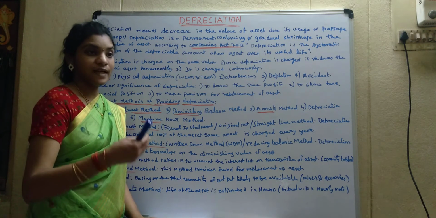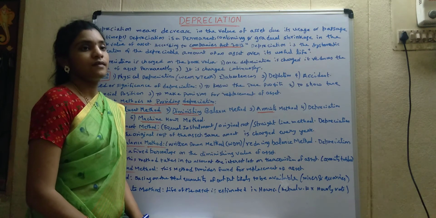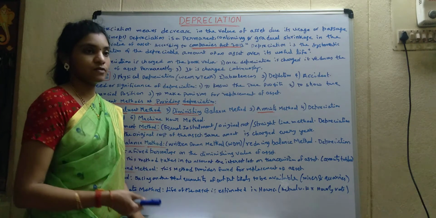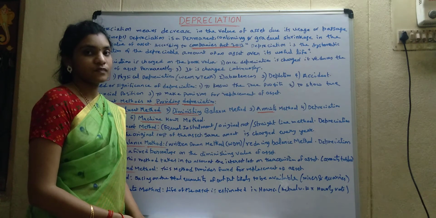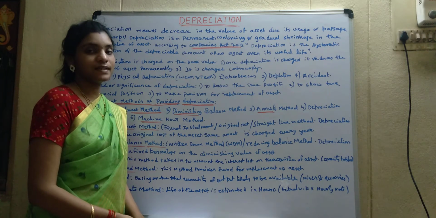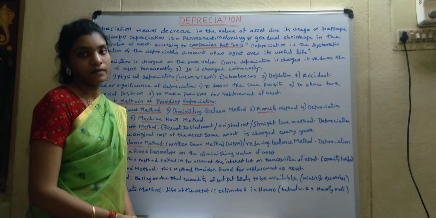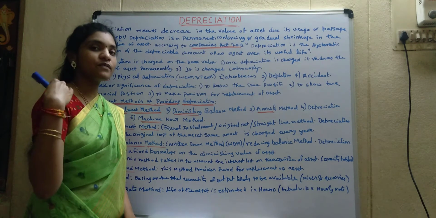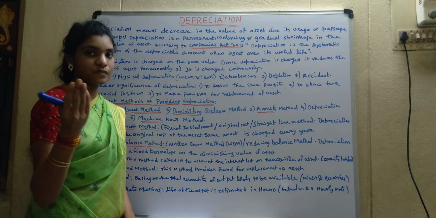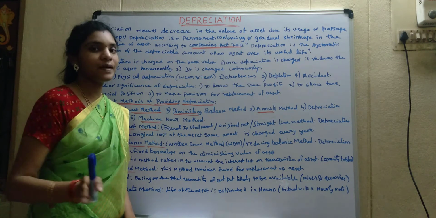And in the second year, we reduce 5,000 from 95,000, and we go on reducing the balance like that. That is called the diminishing balance method. In the next year, we deduct 5,000 from 90,000. Like that, the value of the asset goes on diminishing year by year.